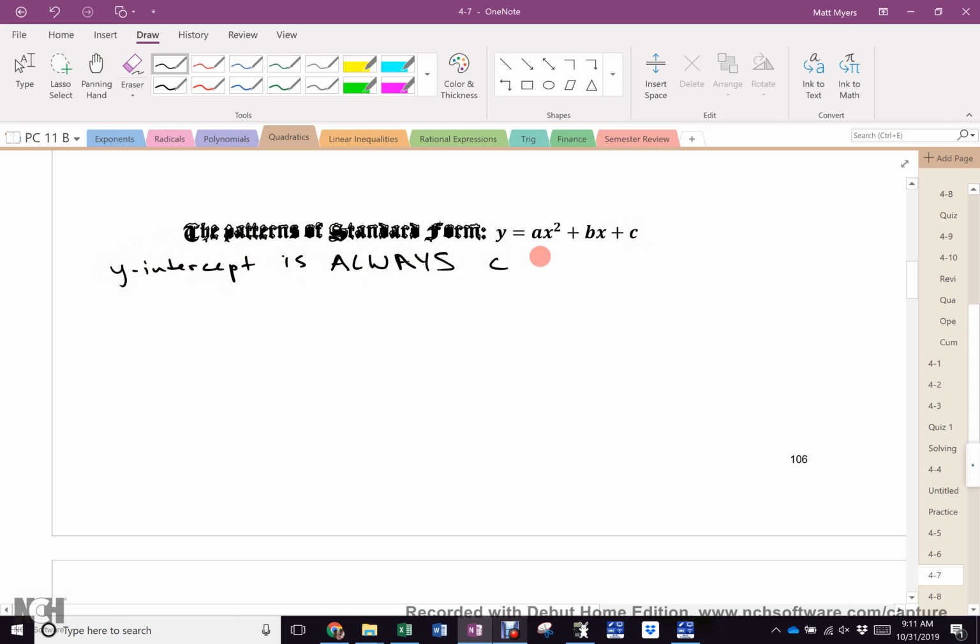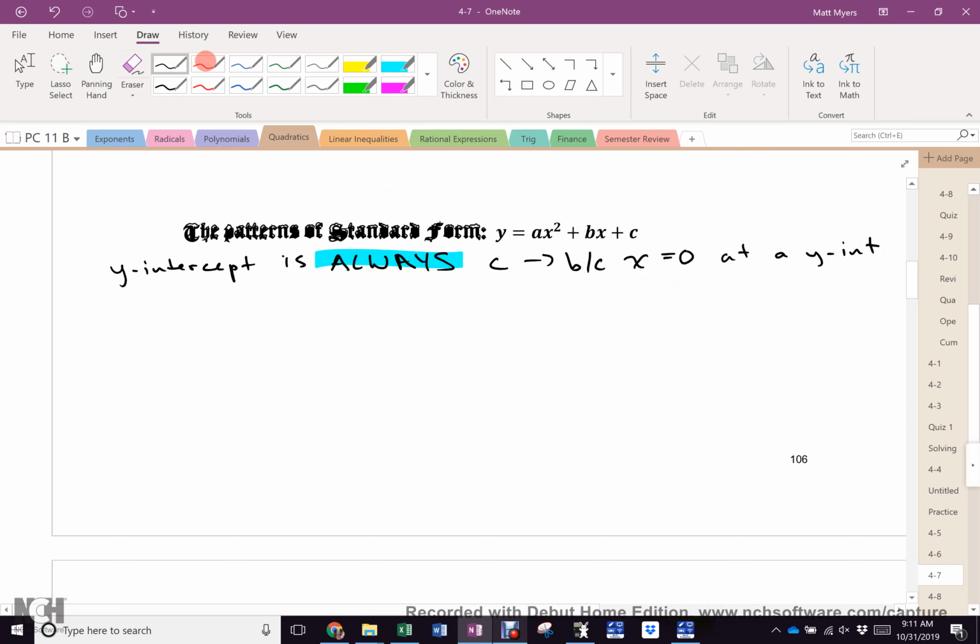Is it still okay? Sure it is, right? It's always c. Why? Because x equals 0 at a y-intercept. And when I put 0 in there, I'm left with c.